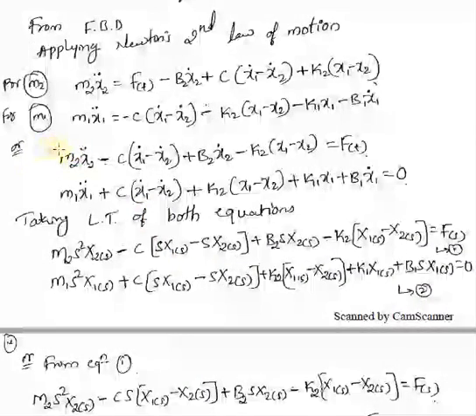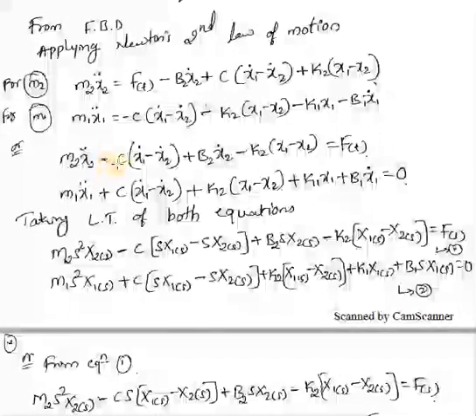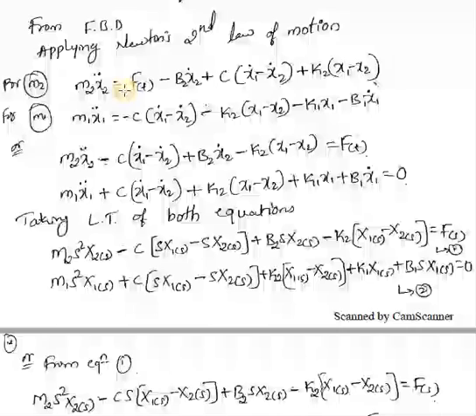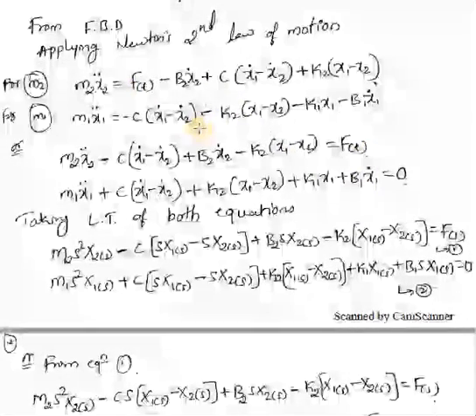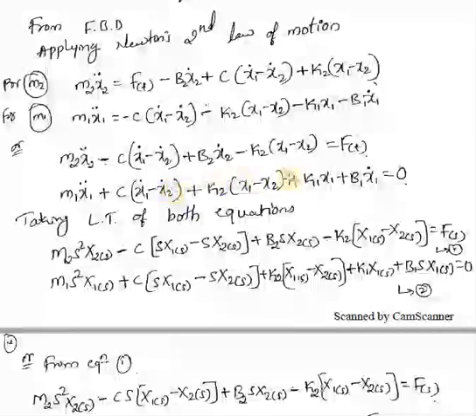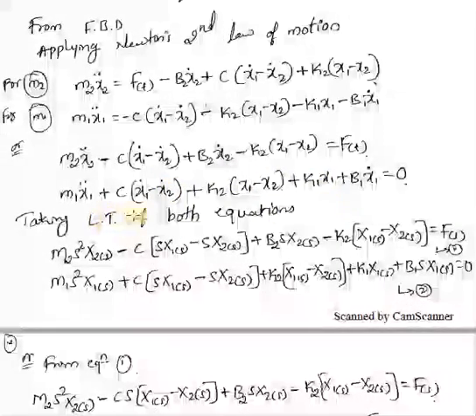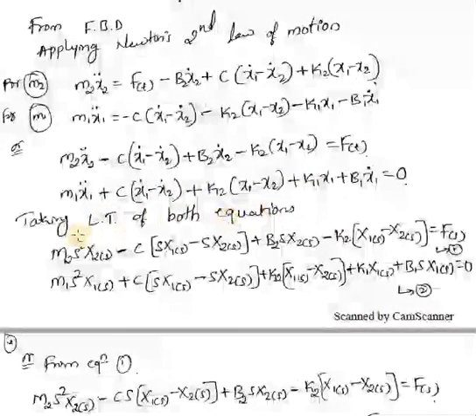Or we can simplify this equation. Bring all the terms towards one side, only f of t towards the right side, and simplify the second equation, then take the Laplace transform of both the equations.